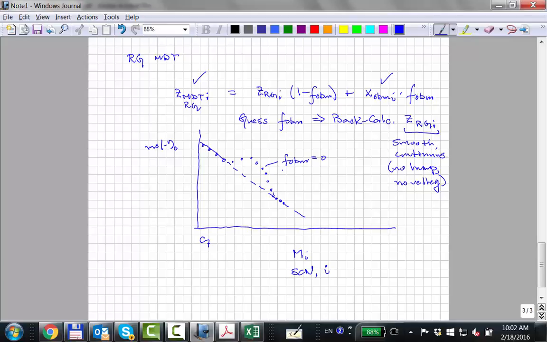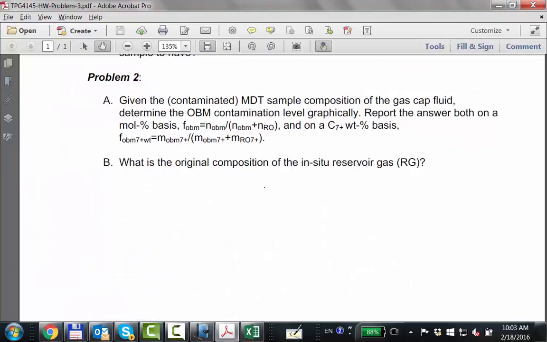And that's just put in a different number, you see the hump go away, you're there. Okay? Once you get the correct number that puts all these on a straight line, or not a straight line, but what you think is the correct trend, okay? So that's the number you're looking for. You still, unfortunately, have to calculate what the lab usually reports, on a C7 plus basis.